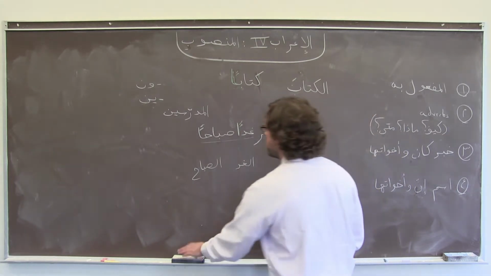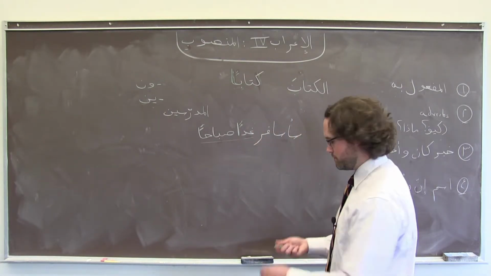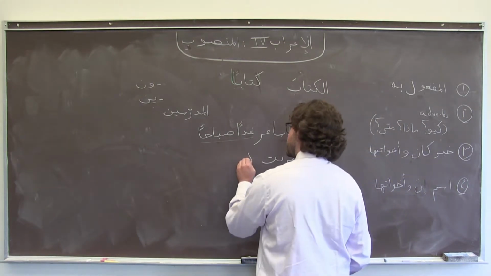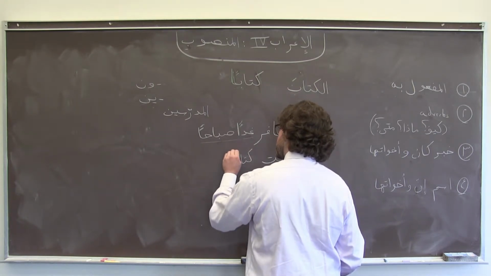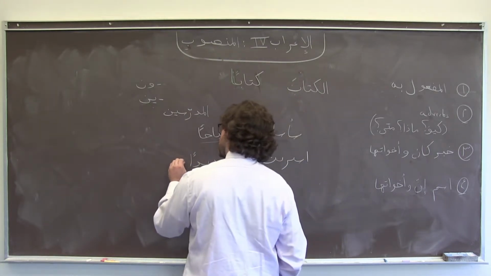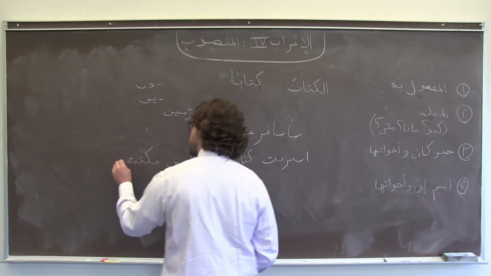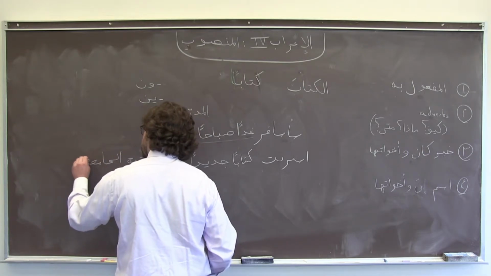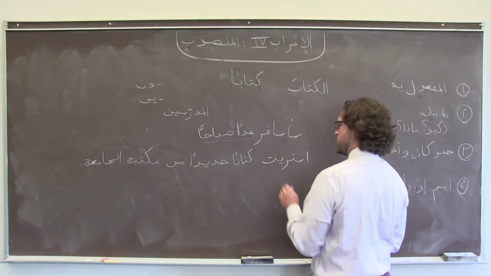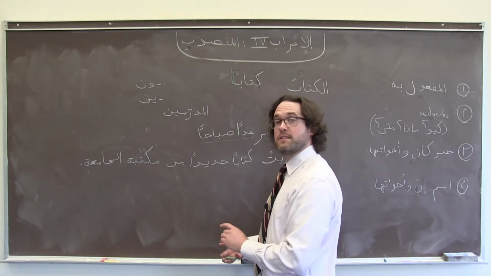If I wanted to say, I bought a new book from the university bookstore, I could phrase it like this. اشتريت كتابا جديدا من مكتبة الجامعة.